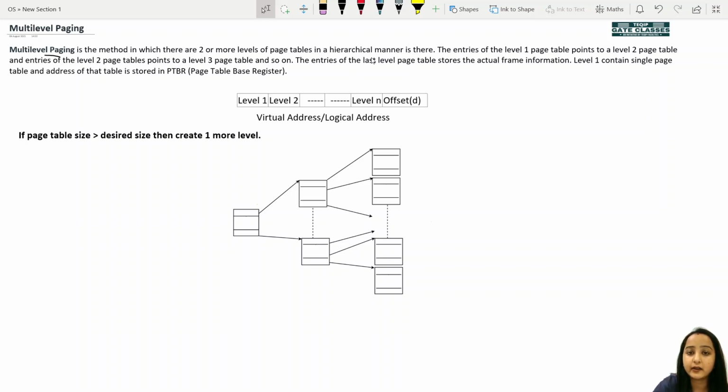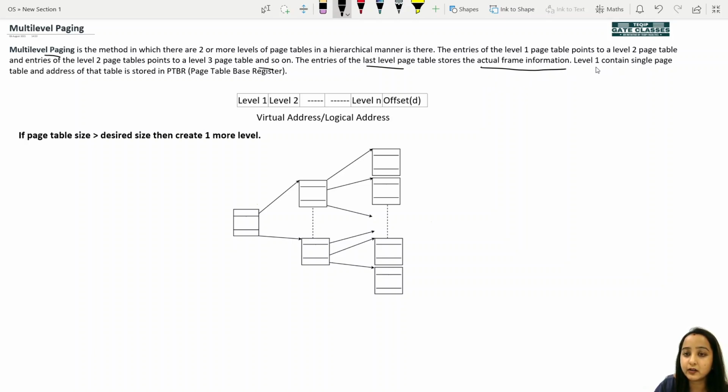The entries of the level 1 page table point to the level 2 page table, and entries of the level 2 page table point to the level 3 page table, and so on. This order is followed, and the entries of the last level page table store the actual frame information.